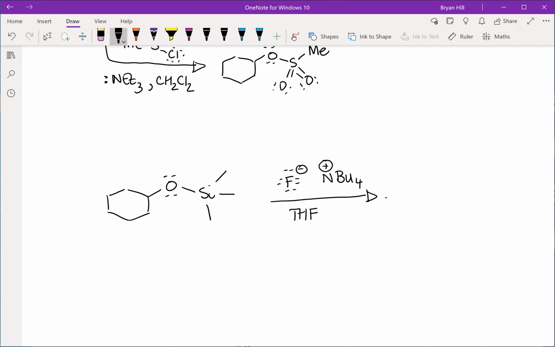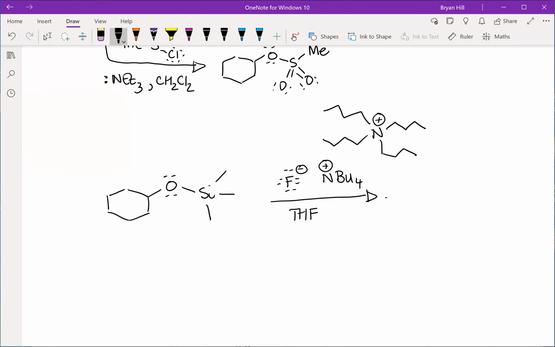So this is an ammonium salt: nitrogen with 4 butyl groups, 1, 2, 3, 4, 1, 2, 3, 4, 1, 2, 3, 4, 1, 2, 3, 4. Nitrogen's got a positive charge.